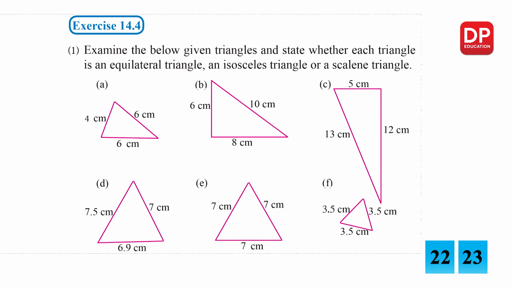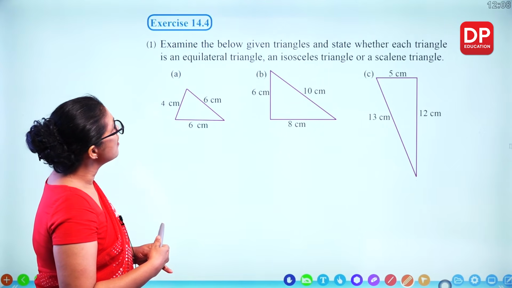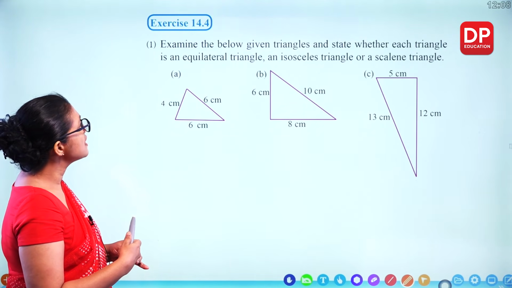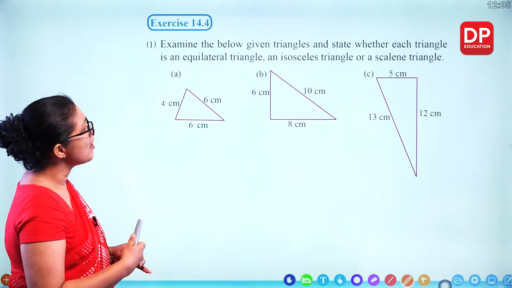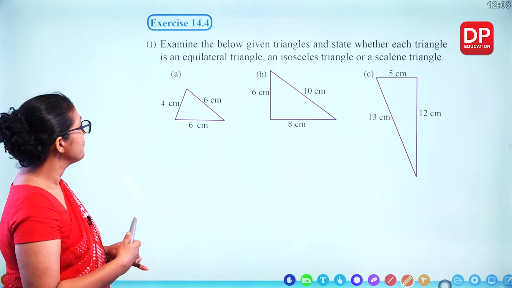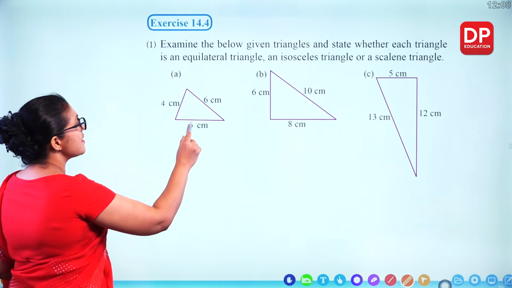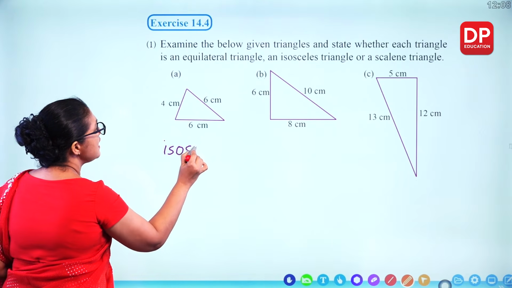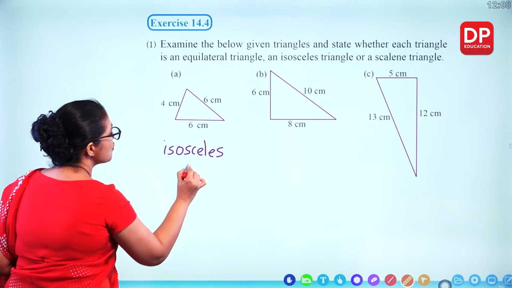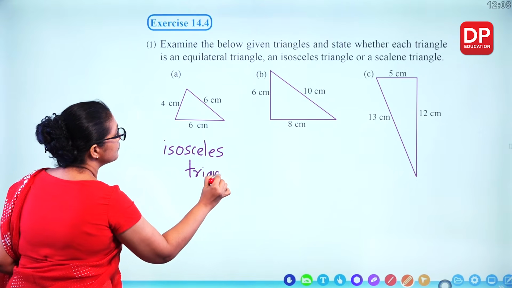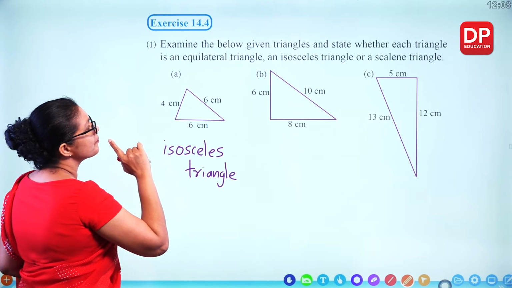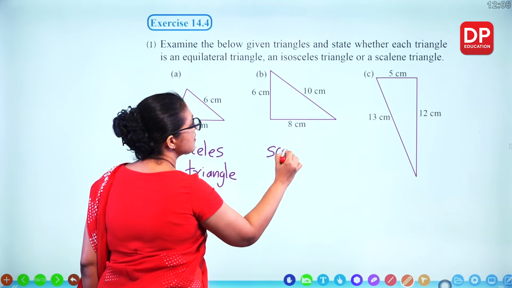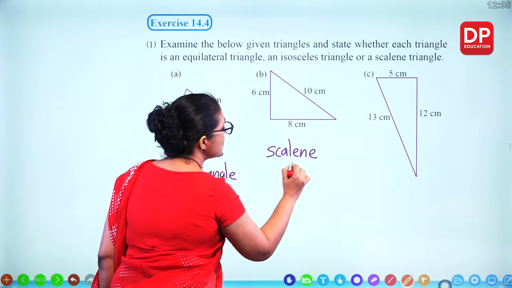Exercise 14.4, examine the below given triangles and state whether each triangle is an equilateral triangle, an isosceles triangle or a scalene triangle. Look at the lengths. 6, 6, 4. Two sides are equal. Isosceles triangle. 6, 8, 10. All are different. Scalene triangle.